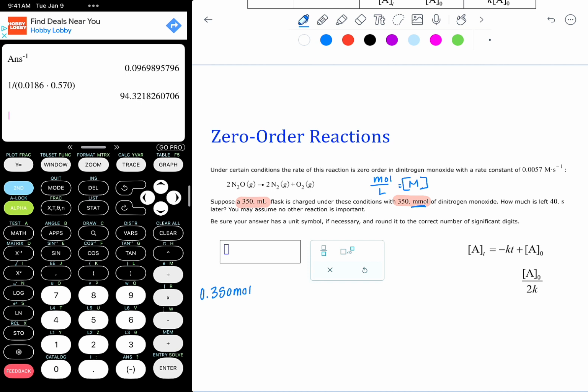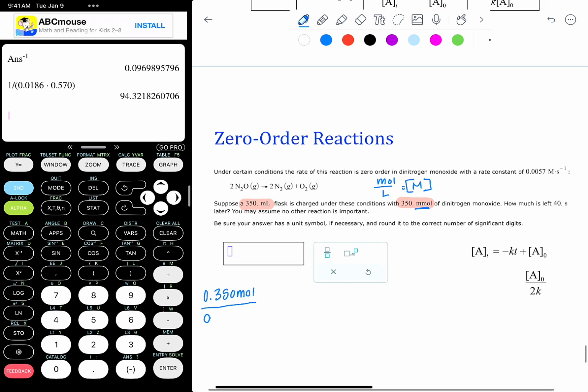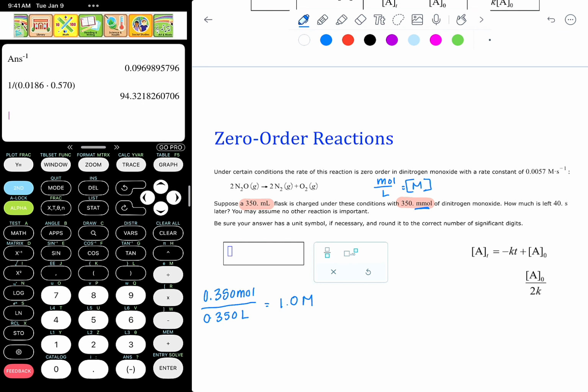So just make sure you're converting those using the 1,000, just like you would milliliters. So 350 millimoles is 0.350 moles, and 350 milliliters is 0.350 liters. So that's a concentration of 1.0 molar, right? 0.35 divided by 0.35 is 1. So that's our initial concentration.